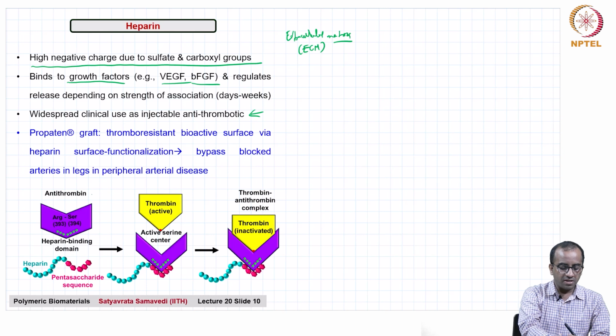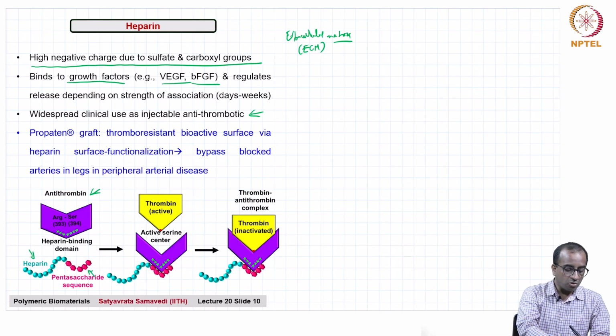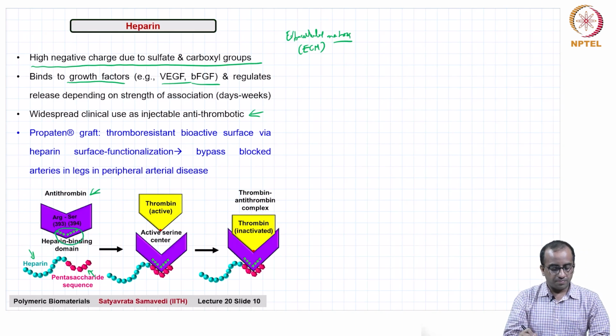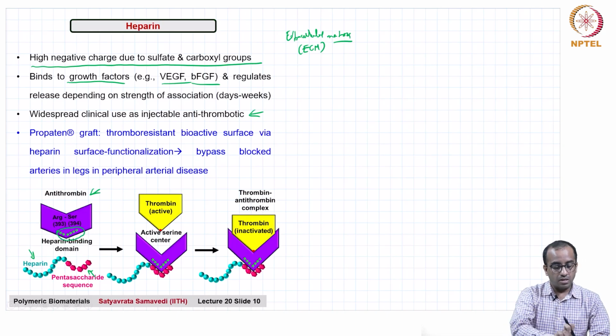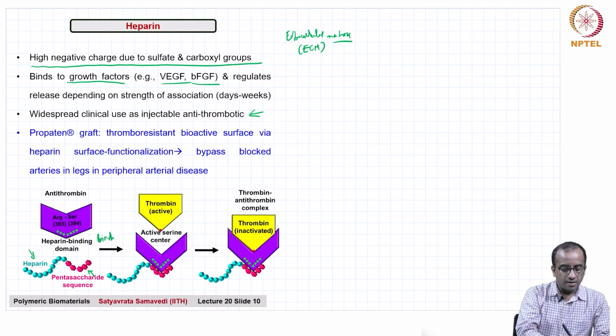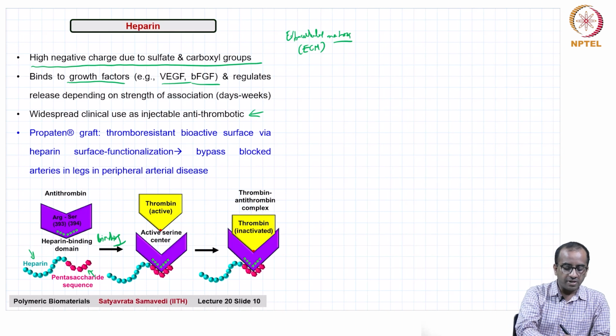So you have antithrombin here and you have heparin here, and heparin has this pentasaccharide sequence which can bind to a positively charged region on the antithrombin, called the heparin binding domain, as shown here. This binding of the pentasaccharide sequence on heparin to the positively charged heparin binding domain on the antithrombin results in a conformational change.